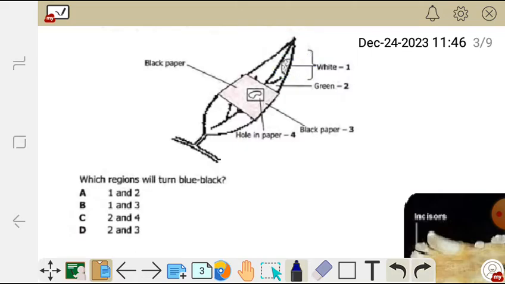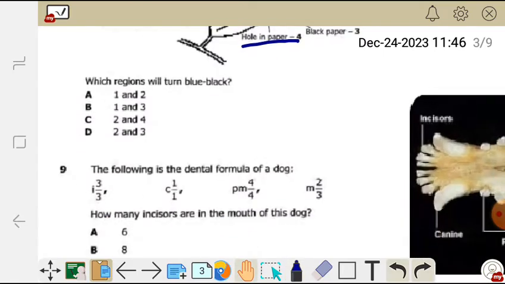So the only parts which will turn blue-black will be 2, which is green, and also that part which has a hole is also green, and starch will be found there. So part 4 and part 2 will turn blue-black, showing a positive result of starch. So the correct answer here is C, which is 2 and 4. Question 9.